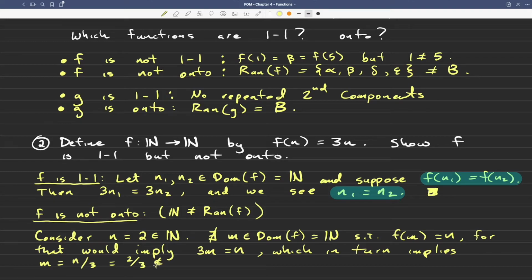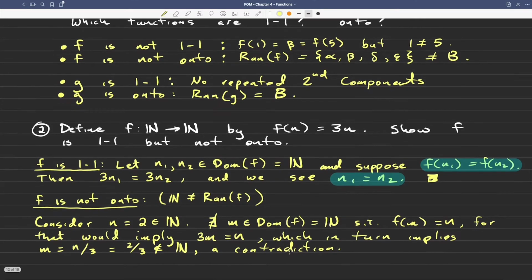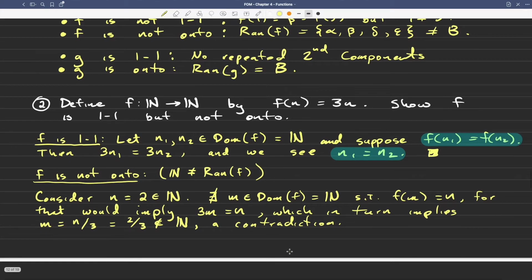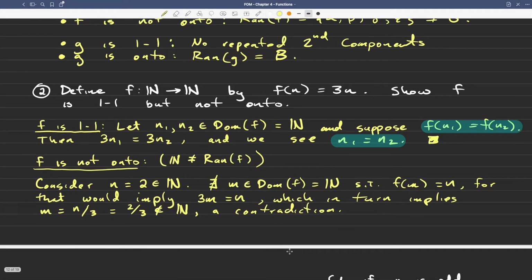But 2/3 is not a natural number, and so you'd have a contradiction. So such an m can't exist, because if it did exist, it wouldn't be a natural number, which would be contrary to what our stated domain is. So there's an example where you're showing something is not onto.